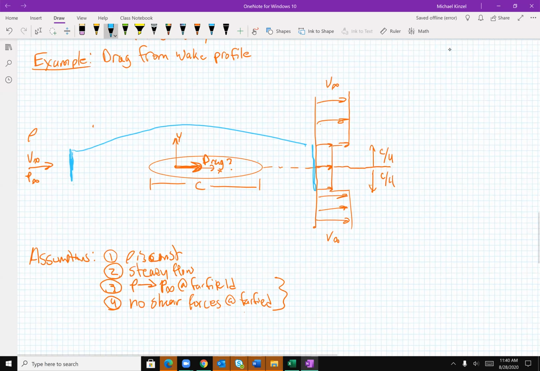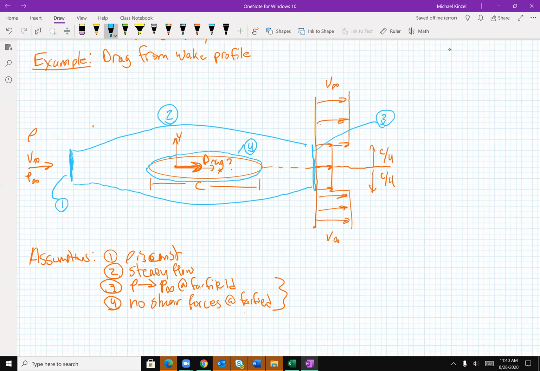We have a little bit more complicated character on the sides. So we have an inlet on surface 1, this complex region on surface 2, an outlet on surface 3, and don't forget surface 4, which gives us the ability to assess forces on the body.